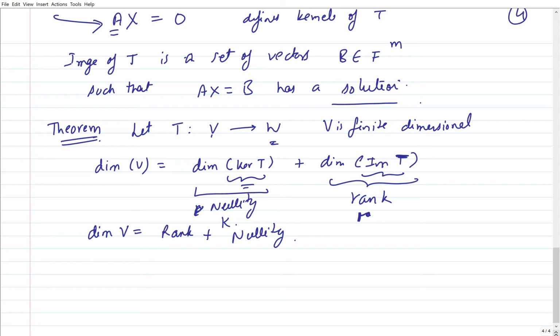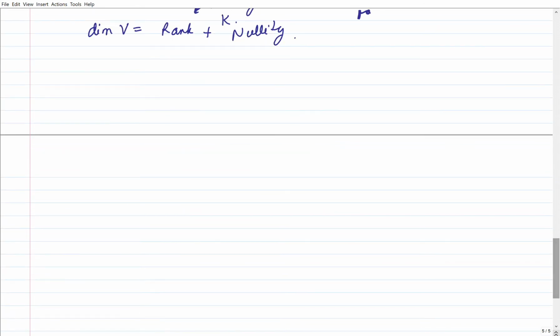Okay, so a bit about the rank and nullity. Essentially, one can also regard it as, let's say we are considering an example of an m cross n matrix A, and I have the rank as r and the nullity as k.